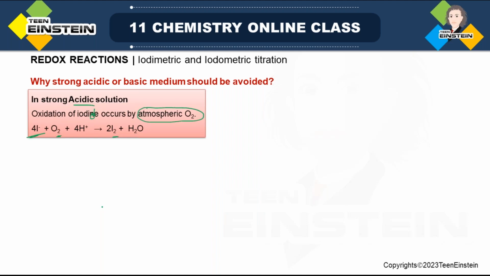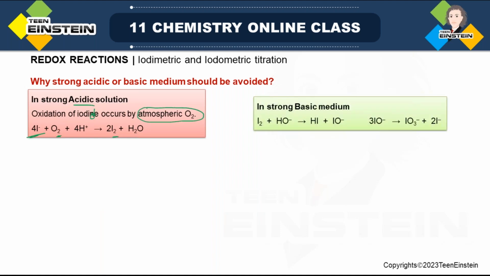Now what about the basic medium? In basic medium also, there is a chance of disproportionation. So in basic medium, the problem is actually with iodine. So iodine, in presence of hydroxide ion, is converted to I- and hypoiodite, IO-.